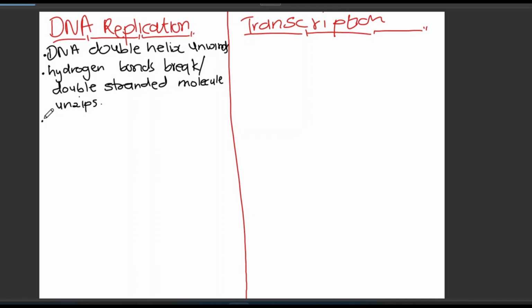Then for the third point, you need to mention that we are now going to have two separate strands to form. From those two strands, under DNA replication, you can either say both or each strand is going to serve as a template.